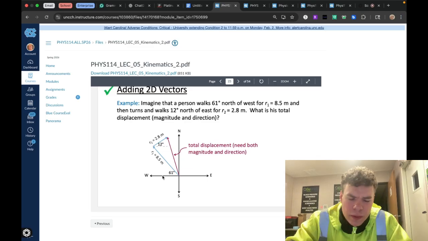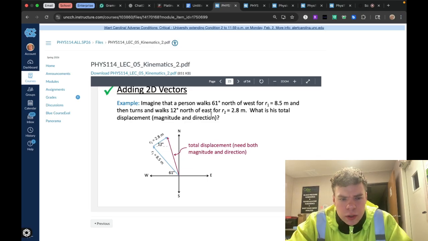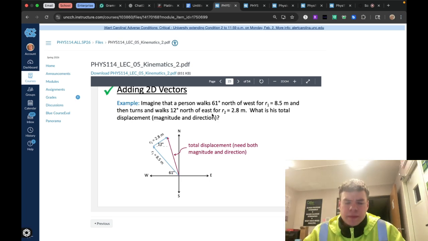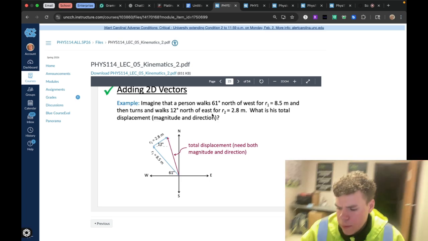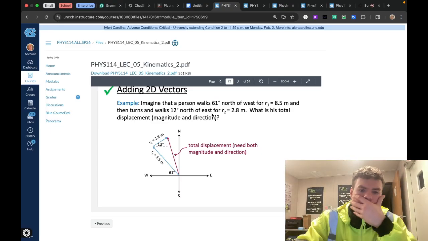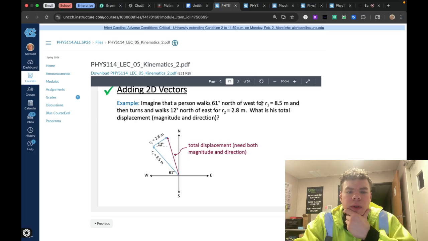So remember trigonometry, right? So we want to calculate, this was so lecture 5. All right. So we want to calculate the displacement and the angle of this vector here, right?